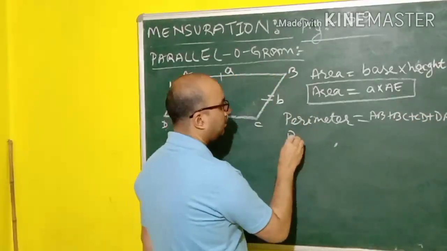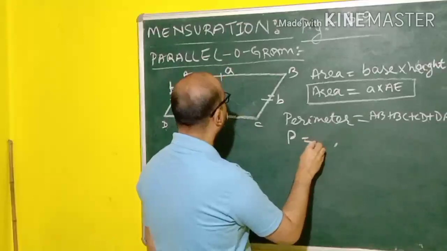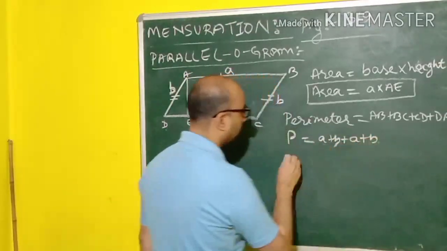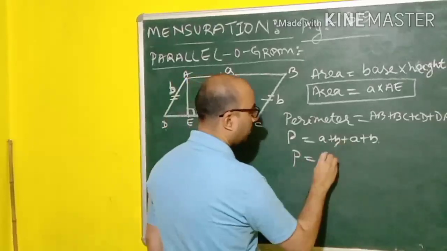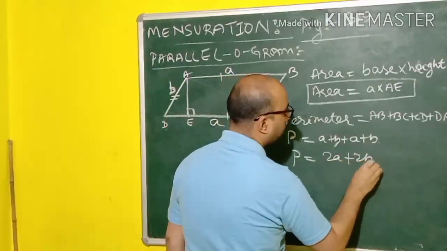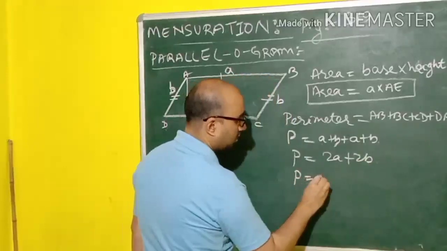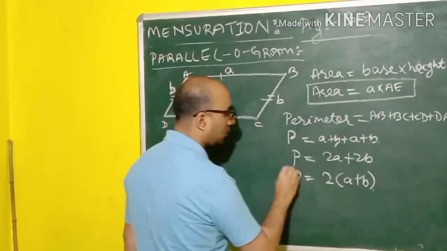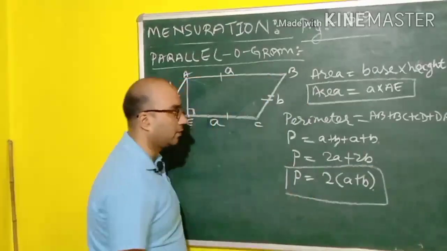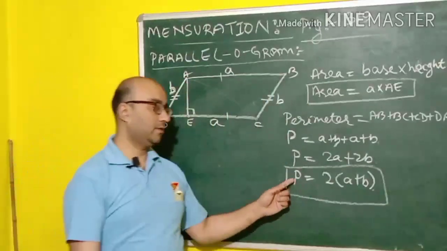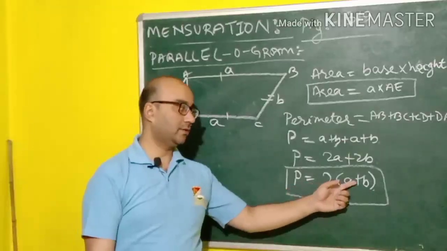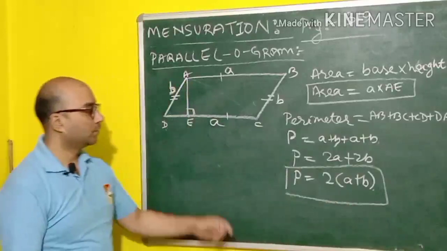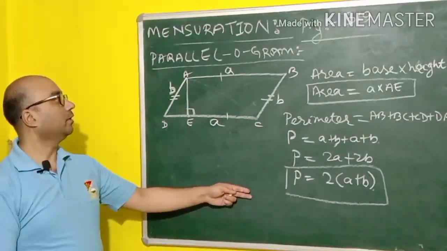So our perimeter is equal to A plus B plus A plus B. So A plus A will give us 2A, B plus B will give us 2B. So perimeter is equal to 2 is the common factor, A plus B. So for this particular figure, the perimeter is given by P is equal to twice A plus B, that means twice into the sum of the opposite sides. So this is for a parallelogram.